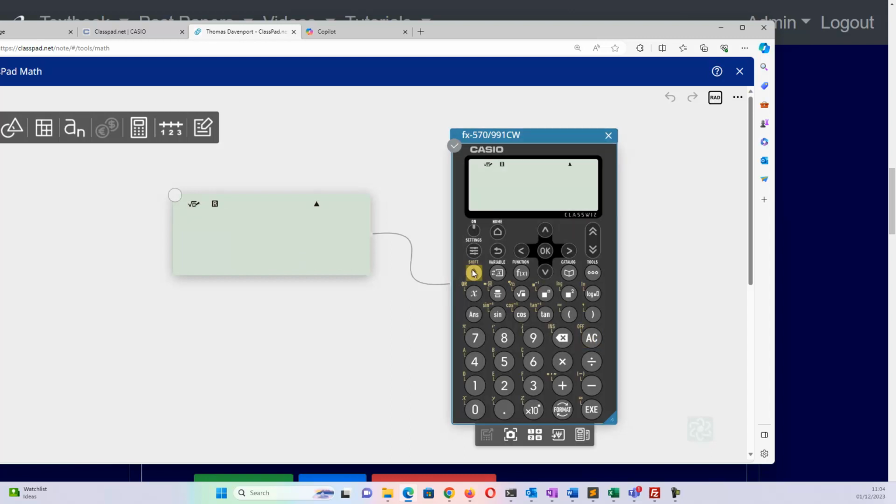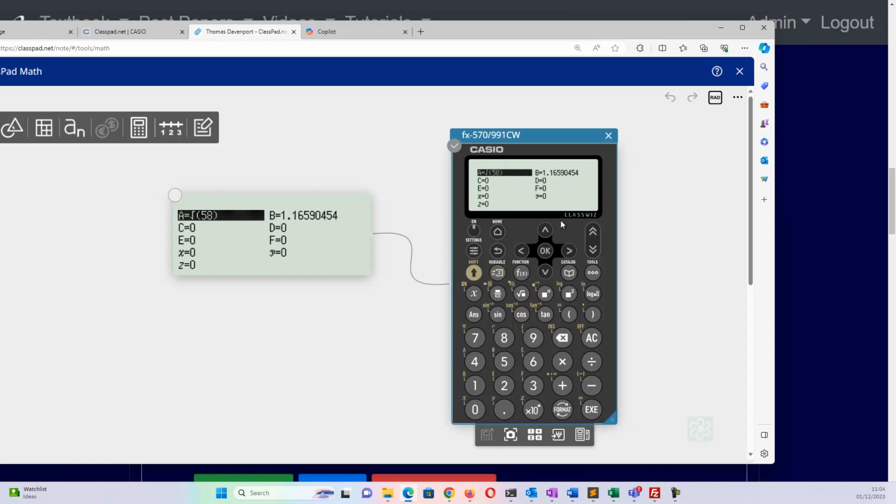We want the arc tan of 7 divided by 3, close the brackets, equals, and that's 1.17. But I'd like to save that as well, so I'm going to put that into variable b. Okay, store.